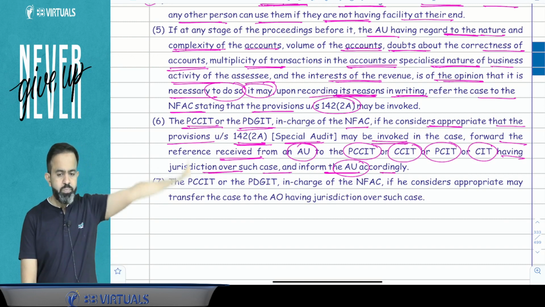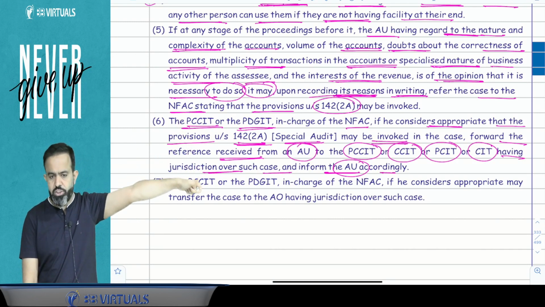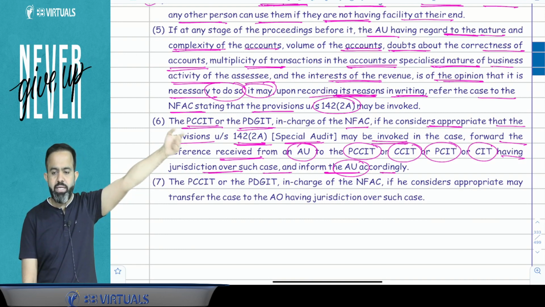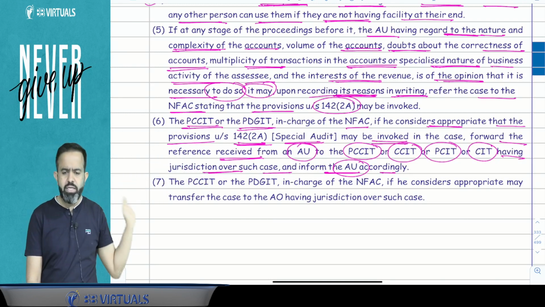Suppose the assessee belongs to Chennai, then the Chennai CIT, PCCIT or CCIT will be intimated that we need a special audit for this case.